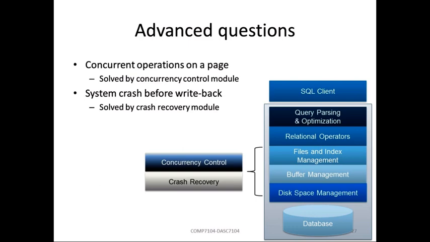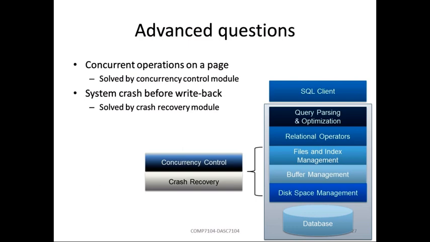And second important aspect, crashes that may intervene, let's say, before the buffer manager wrote back to disk a dirty page. So a crash most often means that everything that was in main memory at the moment of the crash is lost. And therefore, recent modifications on a page, on a dirty page, that were not yet saved to the disk copy of that page may be lost.